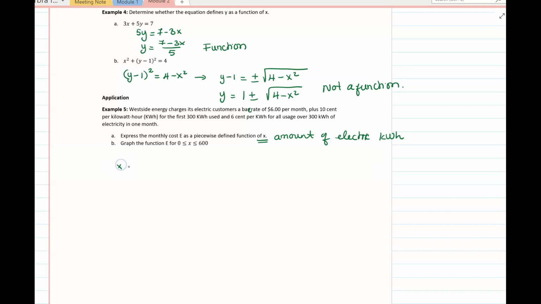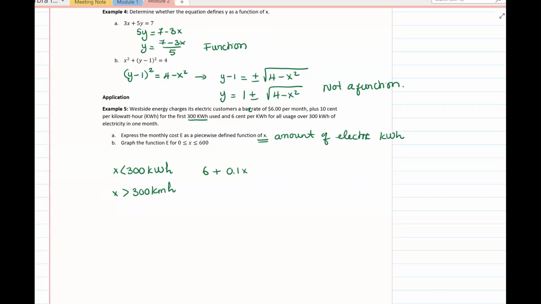If x is less than 300 kilowatt-hours, then the cost of the electricity is $6 plus 0.1, that is 10 cents, times the amount of electricity used. But if x is greater than 300 kilowatt-hours, then the company will charge an extra 6 cents per kilowatt-hour for anything over 300.